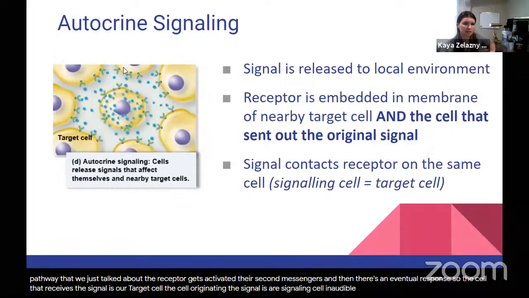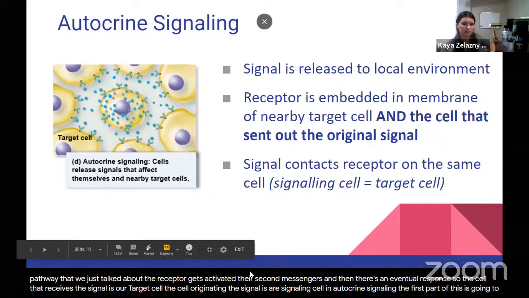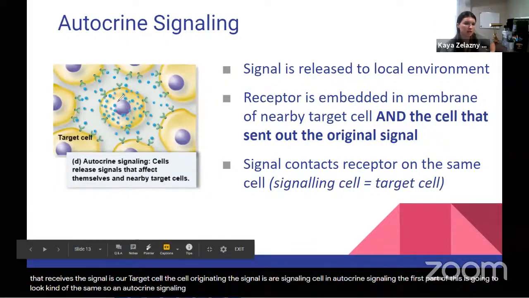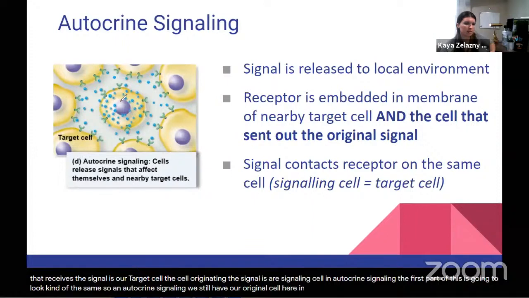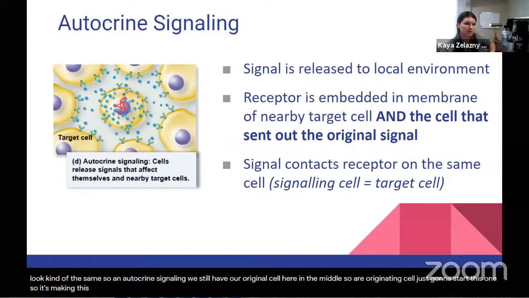In autocrine signaling, the first part of this is going to look kind of the same. We still have our original cell here in the middle, our originating cell, I'm just going to star this one. It's making this signal and sending it out to the local environment.